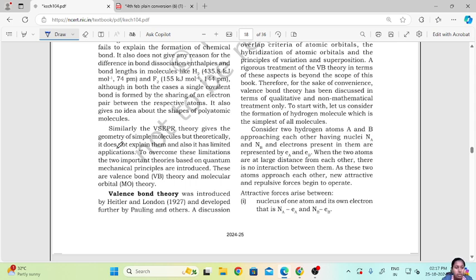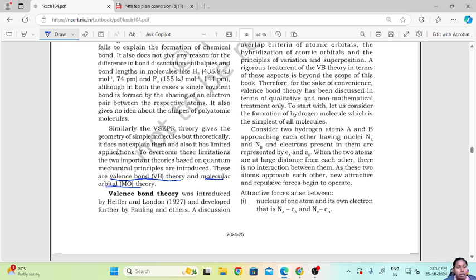So to overcome these limitations, two important theories based on quantum mechanical principles were introduced. These are VB theory, that is valence bond theory, or VBT, and MO theory, that is molecular orbital theory, or MOT.